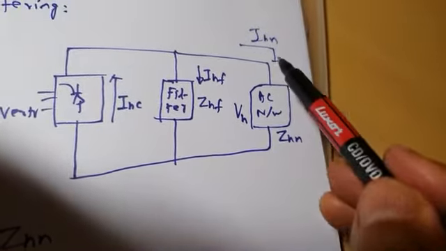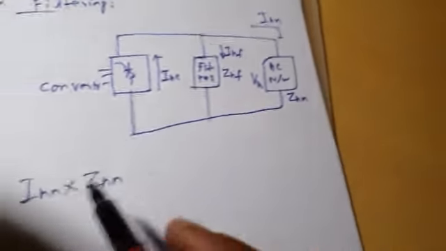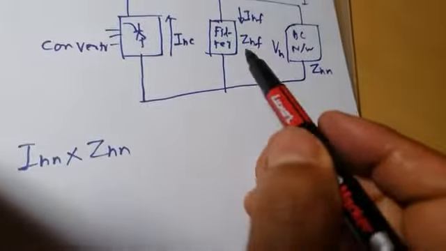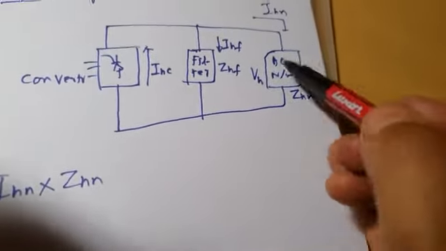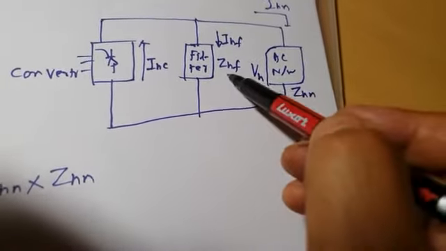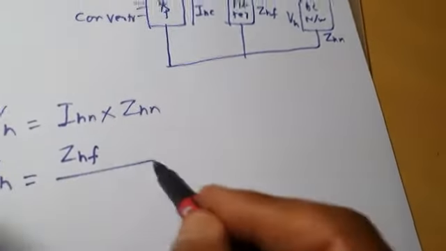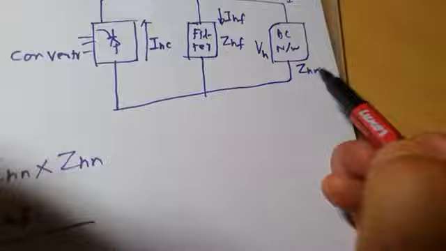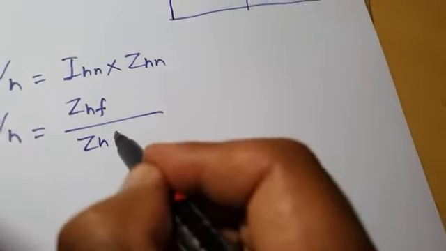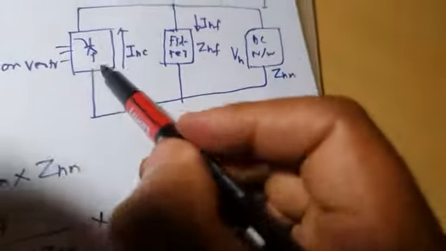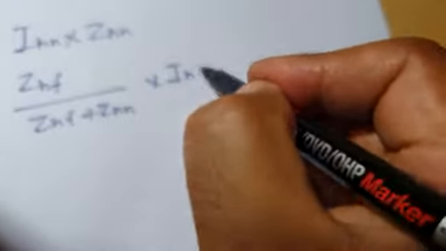The current which goes into the AC network, by the current divider formula, is given by the opposite impedance ZHF divided by the total impedance ZHF plus ZHN, multiplied by the total current coming from the current source, that is IHC.